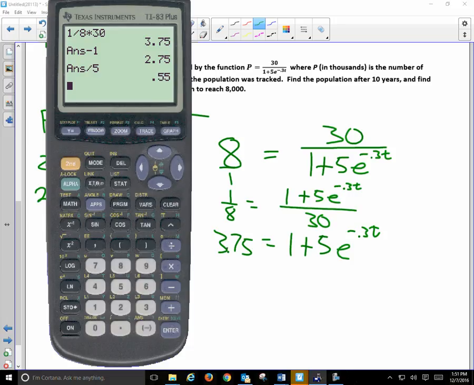I took 1/8 times 30, and I got 3.75. Subtract the 1, and divide by 5, and I get 0.55 equal to e to the negative 0.3t.